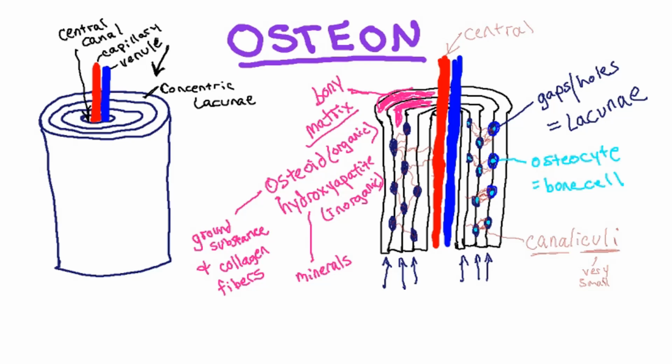So it has to be able to get the nutrition from the blood out to the bone cells, and the bone cells also need to communicate with each other. So all of these little canals are running through perpendicularly, running through the layers of lamellae, so these bone cells can get together and exchange nutrients and wastes. The wastes would go back into the vein and leave the system.